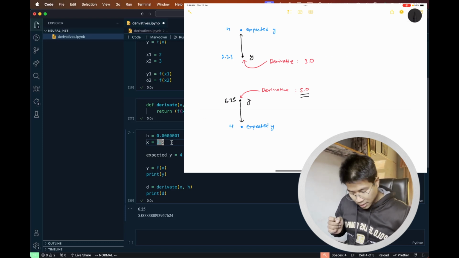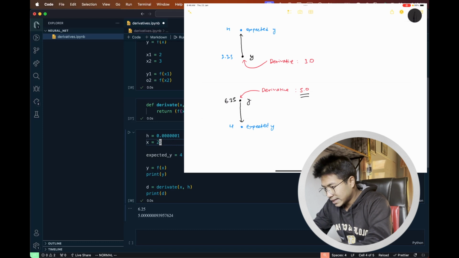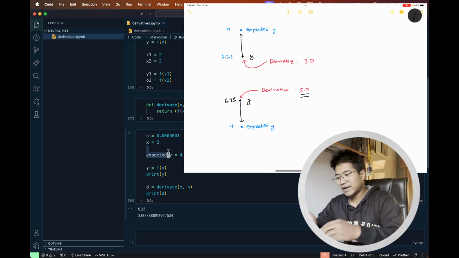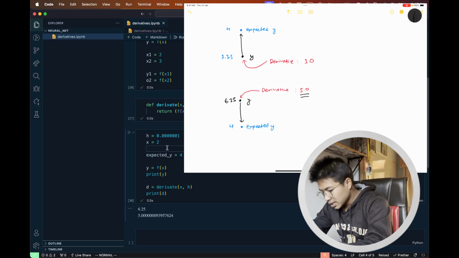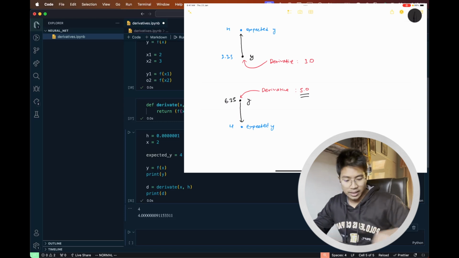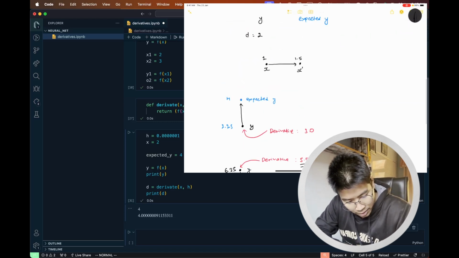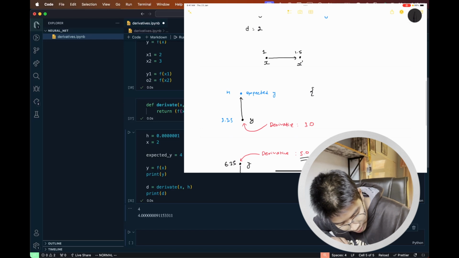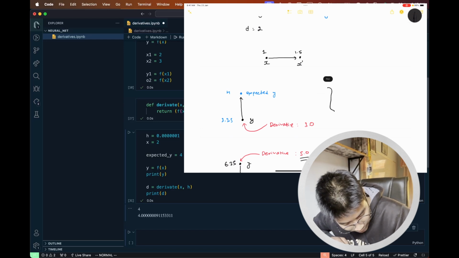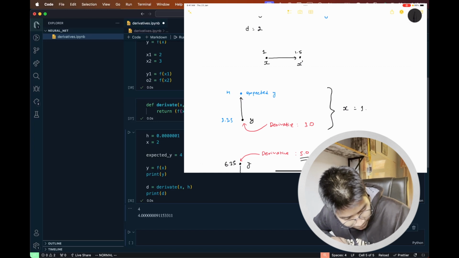Okay, so let's do that. Let's say I decrease my x from 2.5 to a 2, and then I calculate. Just remember that this whole thing came about when we took our x value to be 1.5.